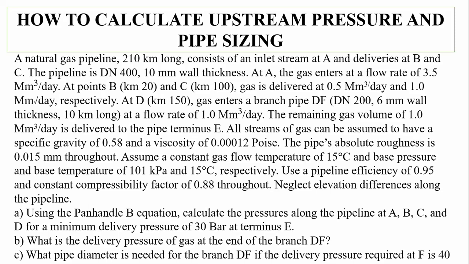Now, at A, the gas enters at a flow rate of 3.5 million cubic meter per day. So let's start with our drawing.